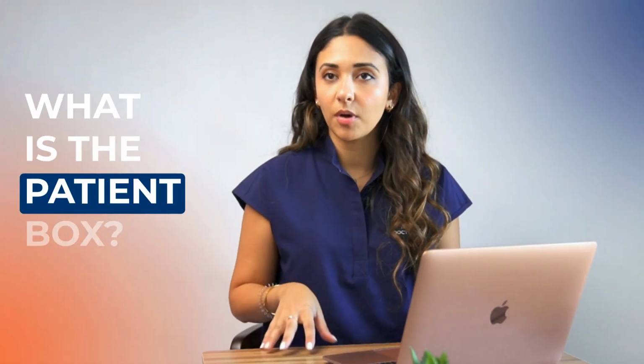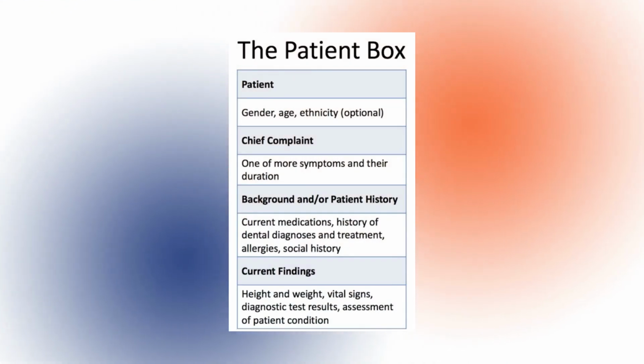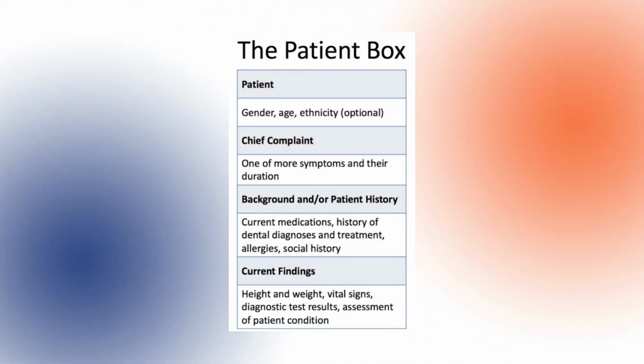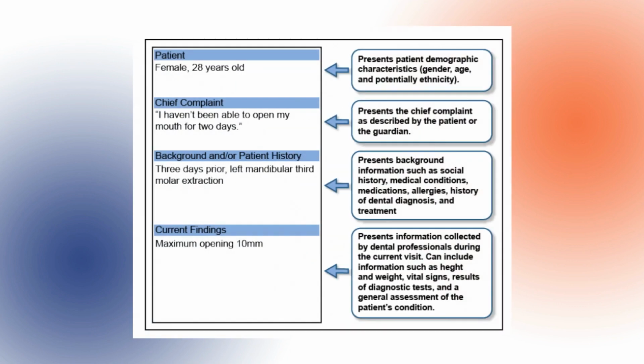So what is the patient box that I just mentioned? The patient box is a standard box of information that comes up a lot in the exam. It's good to familiarize yourself with this format. It's divided into 4 main sections: the patient information, the chief complaint, patient history, and current findings. The questions asked about this patient box can be anything.